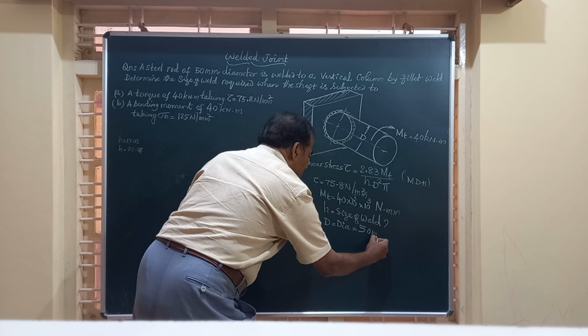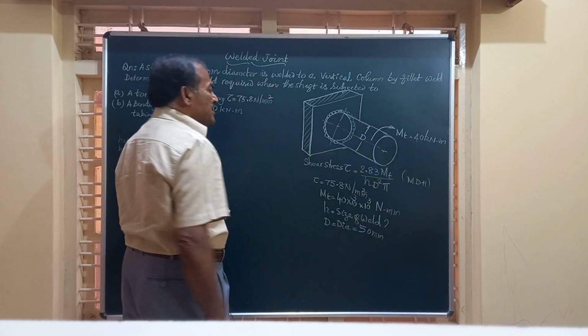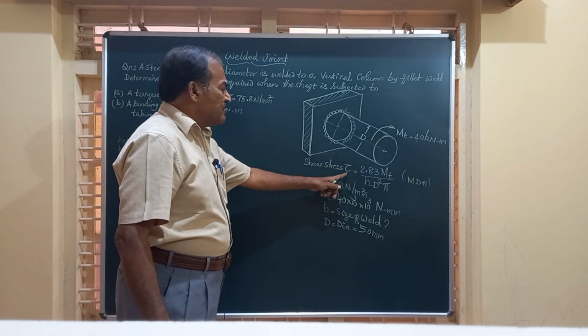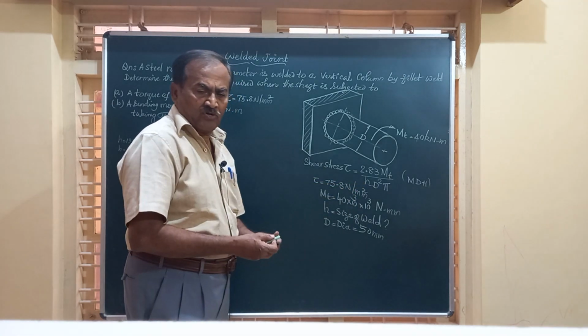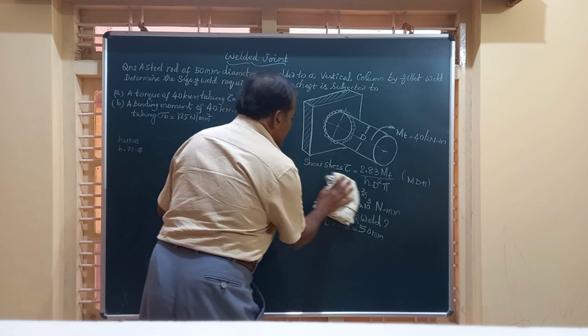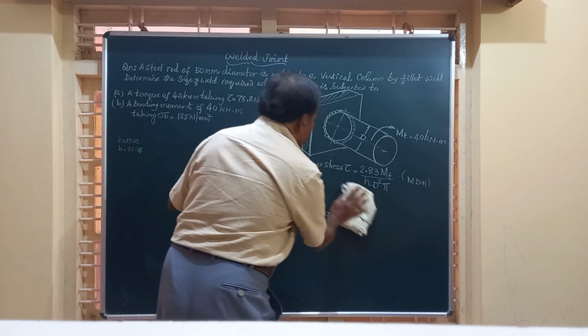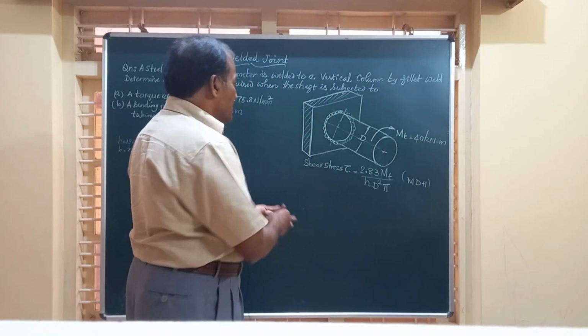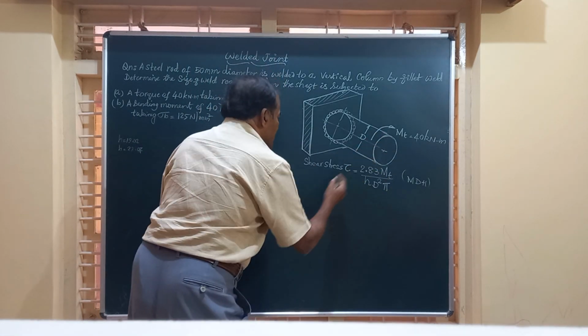Friends, if you substitute these values, you know this value of tau, h can be found out. So we will substitute all these values and find out the size of the weld required for the case of torsion.